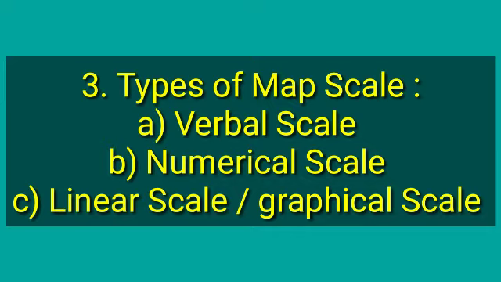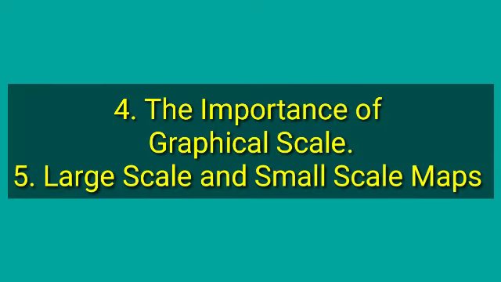A. Verbal scale. B. Numerical scale. C. Linear scale or graphical scale. Fourth point of this lesson is the importance of graphical scale, and the fifth point is large scale and small scale maps. We will complete these topics with the help of different activities given in the textbook.